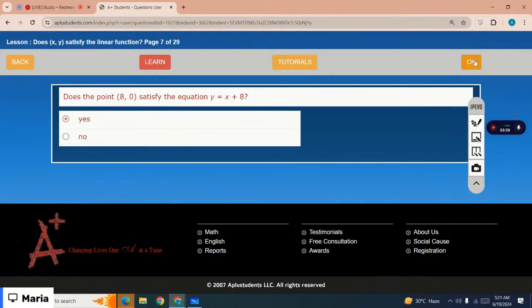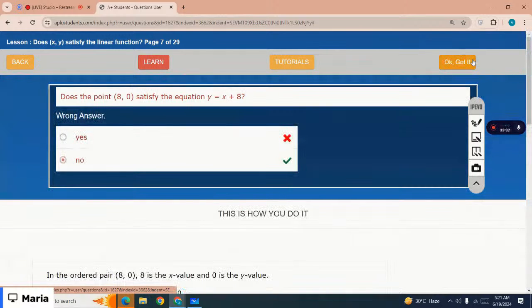The point (8, 0) satisfies the equation. So the correct option is yes. No? Oh, x is 8, y is 0. Sorry, the correct option is no. Okay, let's just move on to the next question.